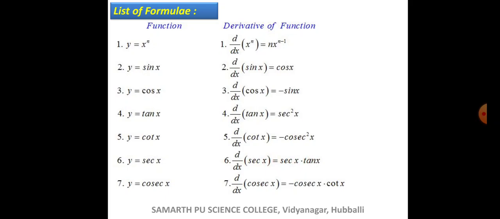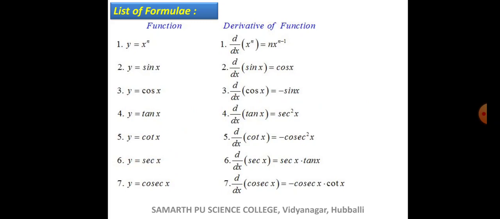How to remember this? As I informed you, try to remember these trigonometric ratios in the same order: sin x, cos x, tan x, cot x, sec x and cosec x. First two are sin and cos, second two are tan and cot, third two are sec x and cosec x.